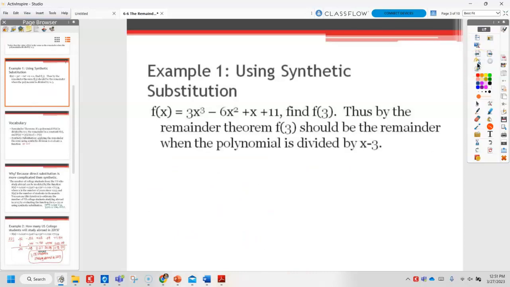So if you are given f of x equal to 3x cubed minus 6x squared plus 6x plus 11, and asked to find f of 3, we can now do this using the remainder theorem. So the remainder theorem simply says that you set this up by putting 3 in your box. Write out the coefficients of each term.